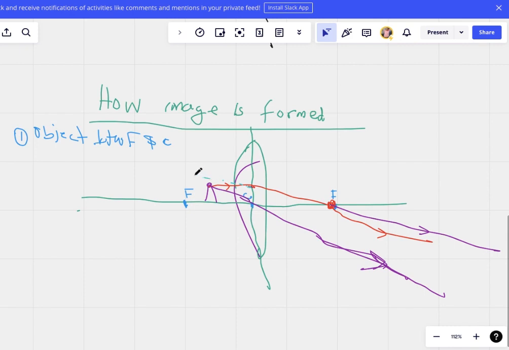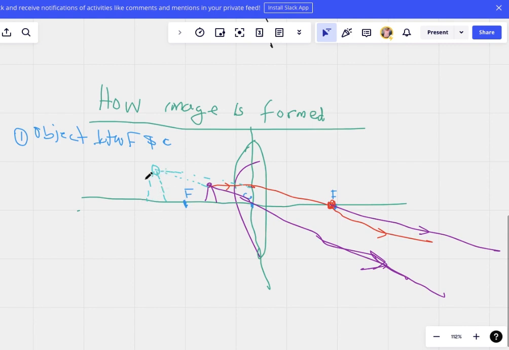So a converging lens can actually form a virtual image when the object is placed between F and C. We form the image of the candle light here, and it will be bigger than the object.